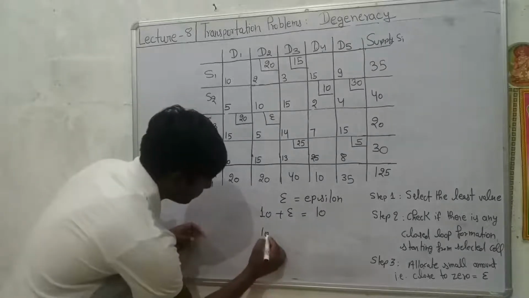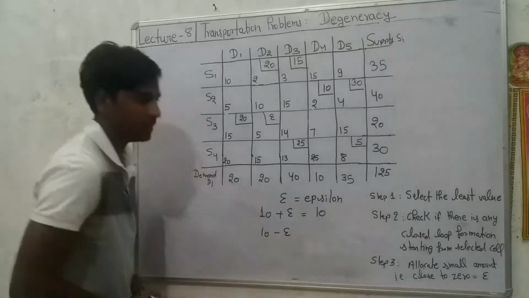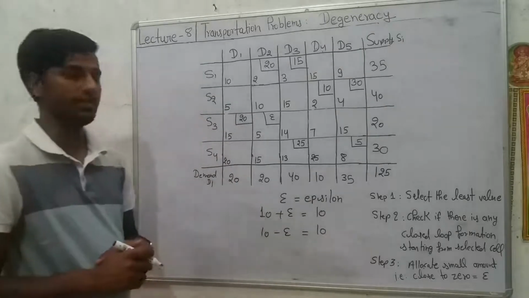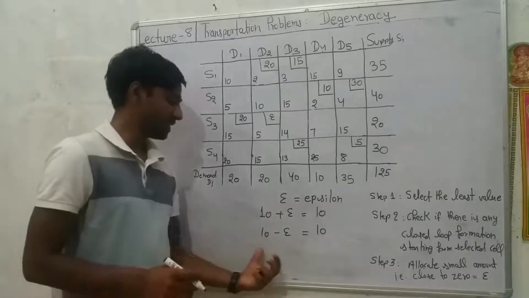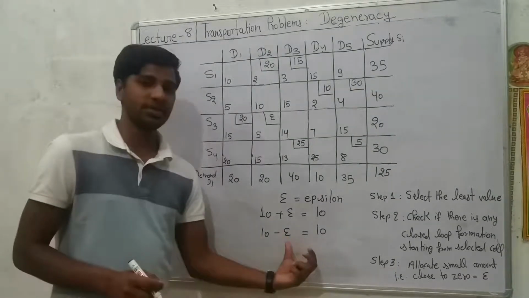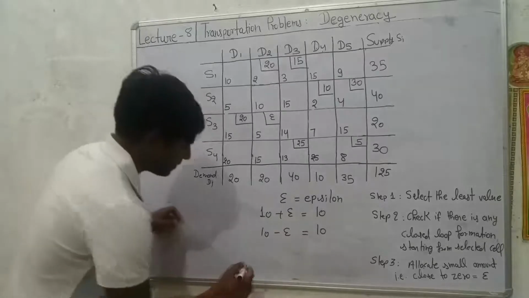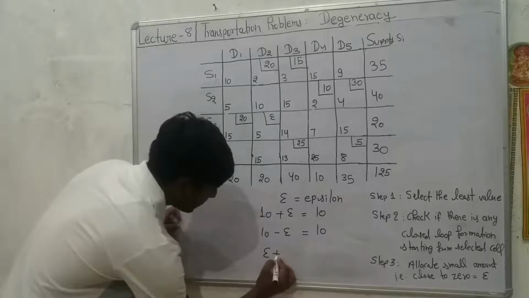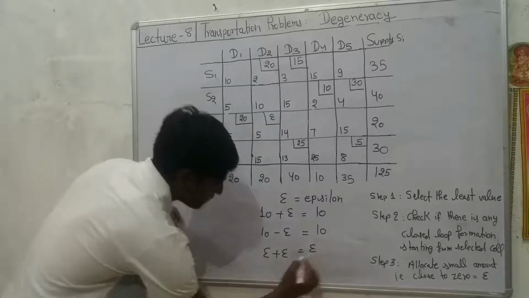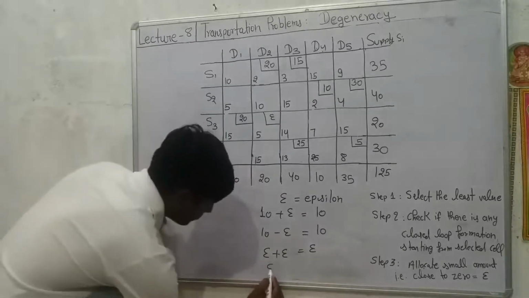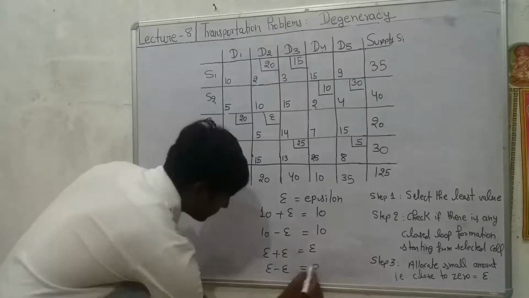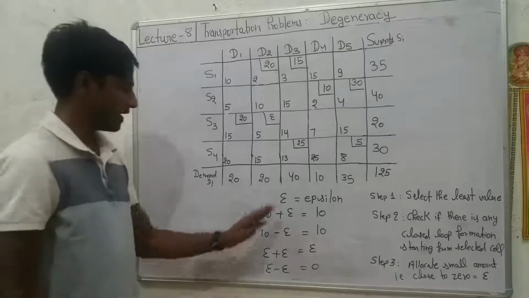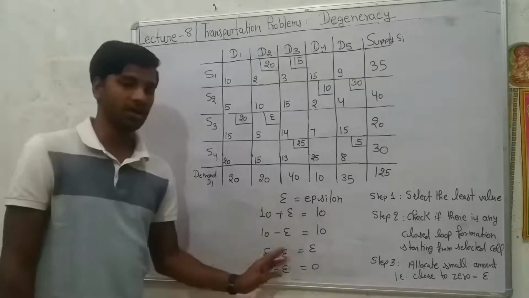If we subtract epsilon from 10, it would also be equal to 10, because it is not reducing 10 by any significant amount. If you add epsilon to epsilon, it would be equal to epsilon. If you subtract epsilon from epsilon, it would be equal to 0. From these operations we can understand the basic concept of epsilon.